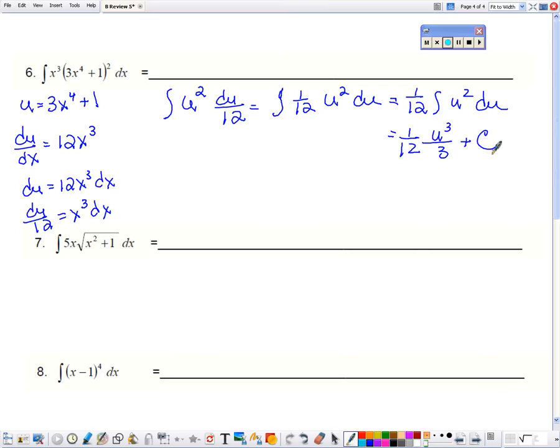Finding my antiderivative, raising the power by 1 over n plus 1. And now simplifying, 12 times 3 is 1/36. Substituting back in for u, plus c.